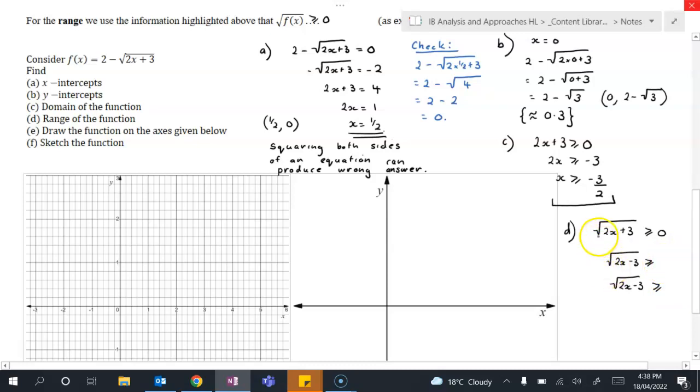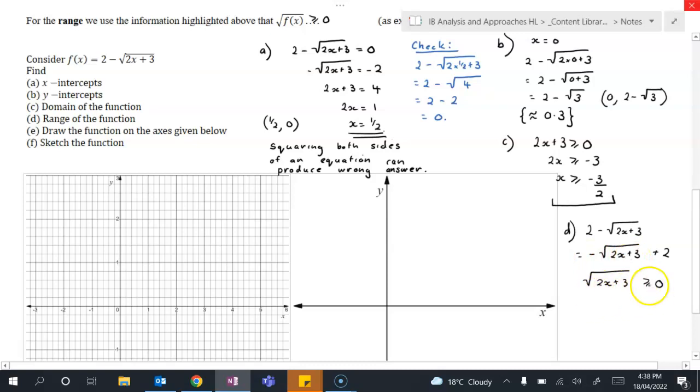I really need to think of my function as minus root 2x plus 3 plus 2. That's going to help me get it right. So let's start again. The square root of 2x plus 3 has to be greater than or equal to 0. I next look at the fact that I'm multiplying my square root by negative 1.